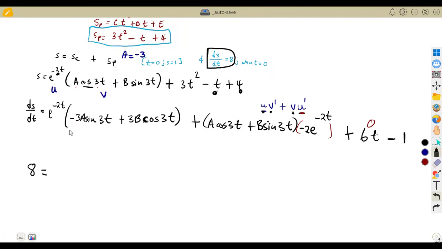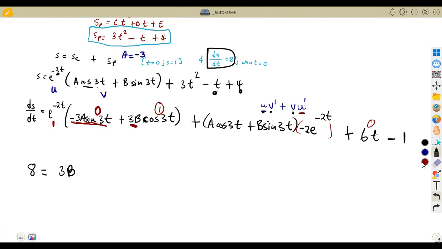So 8 is equal to, if we substitute a 0 here, this one will be a 1. Remember, I said sine gives us a 0 totally, so this one is already out. But cos, if we substitute a 0, gives us a 1. So it's going to be 3b times 1, which is 3b.